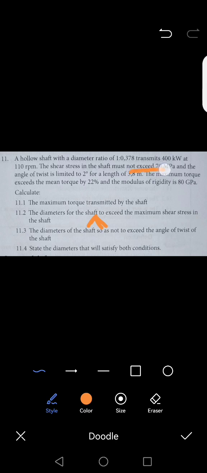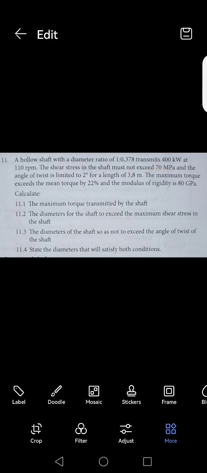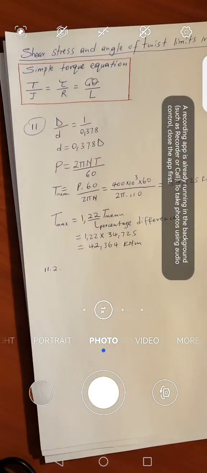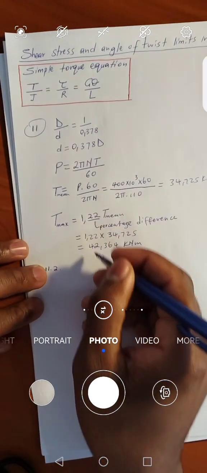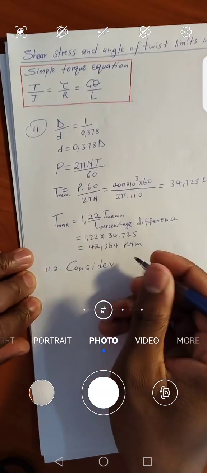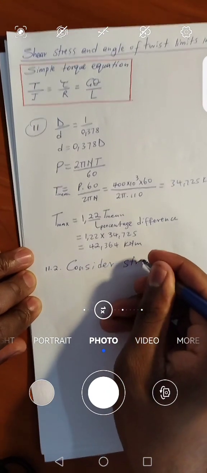The shaft that we're going to choose, you must make sure that when we use it, the stress that will develop in it won't exceed 70 MPa. Therefore, now we're going to consider the stress limit.